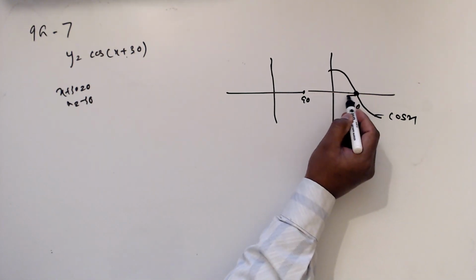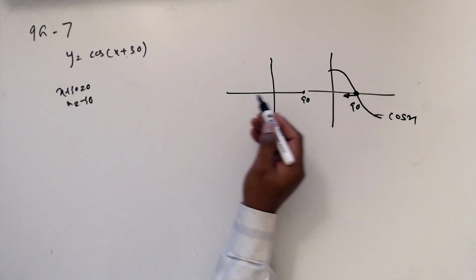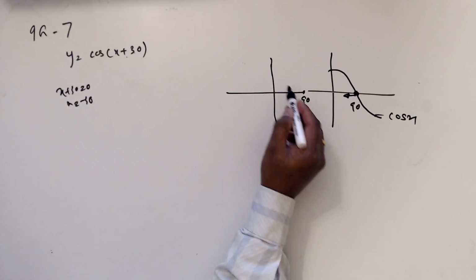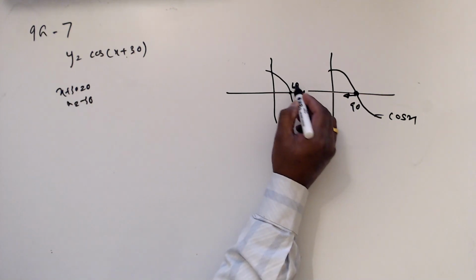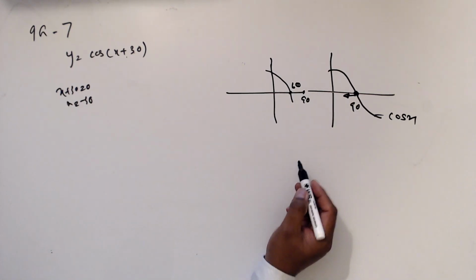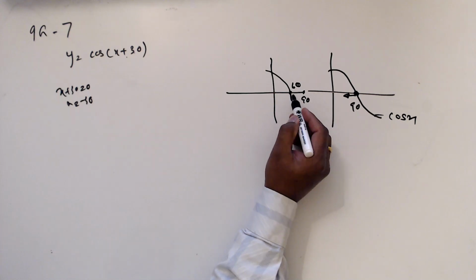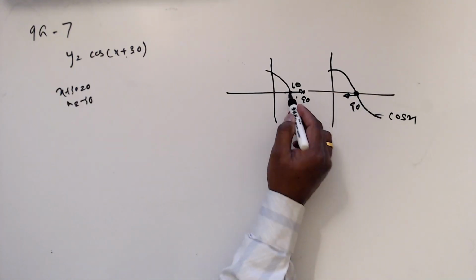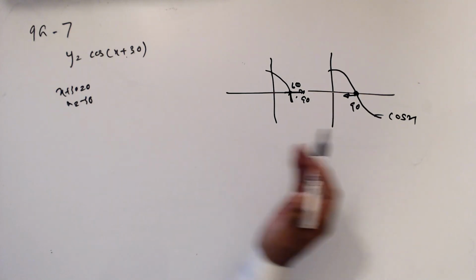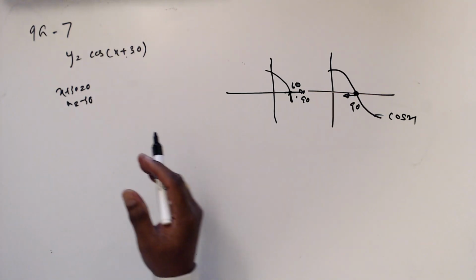Now when you shift 30, the graph is going from where? 60. So the first positive crossing point, instead of 90, is 60. Likewise, you are shifting everything by 30 to the left.